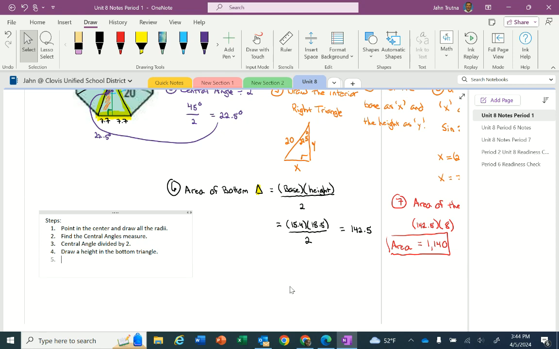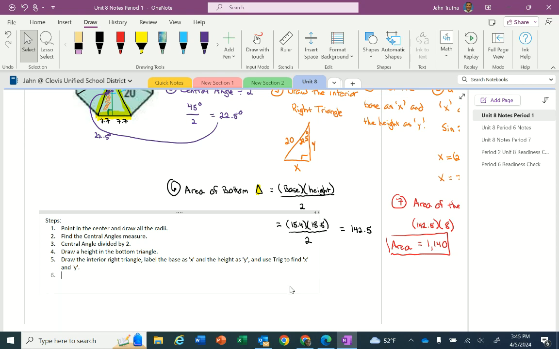Step number 5: draw the interior right triangle, label the base as X and the height as Y, and use trig to find X and Y.